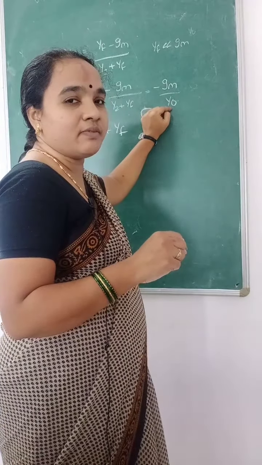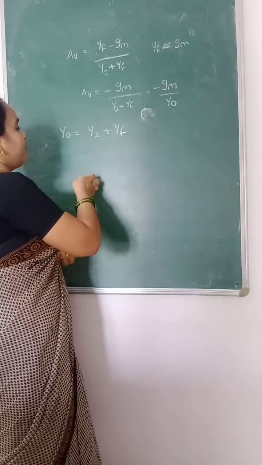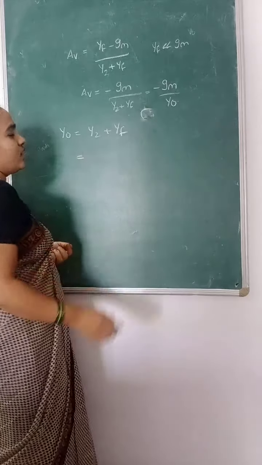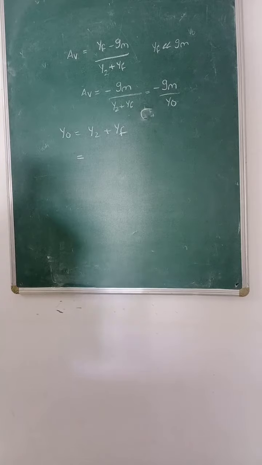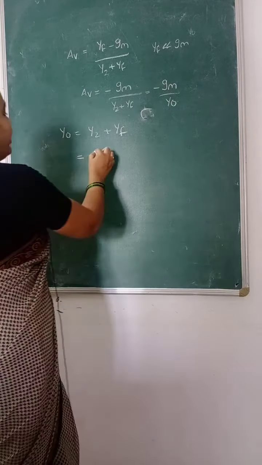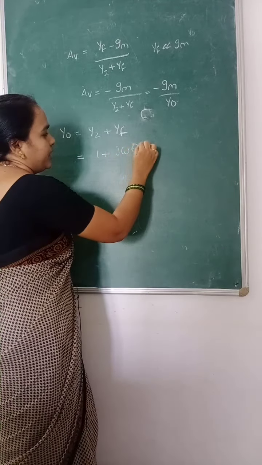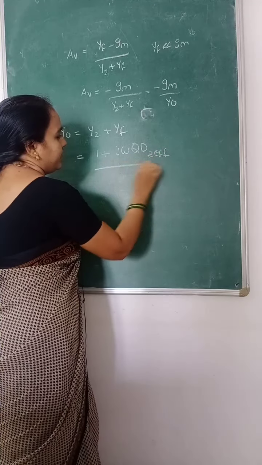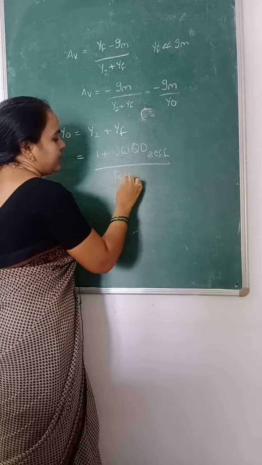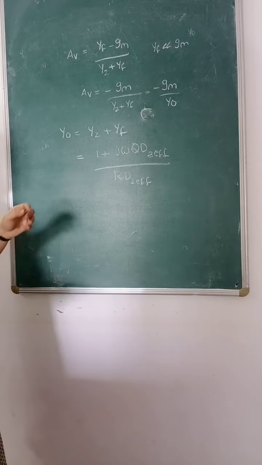When this admittance value gets 180 degrees phase shift is, if this value Y0 is equivalent to 1 plus j omega Q2 effective divided by Rd2 effective. So this is the fixed value.